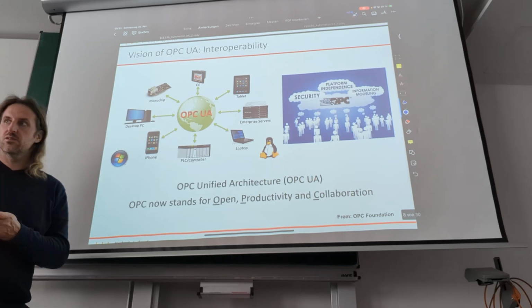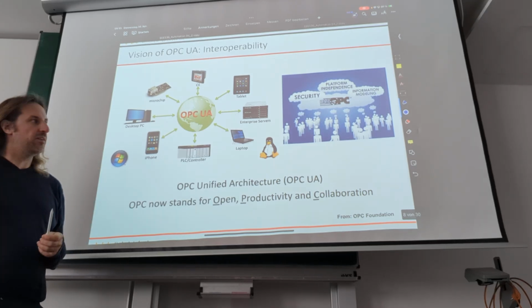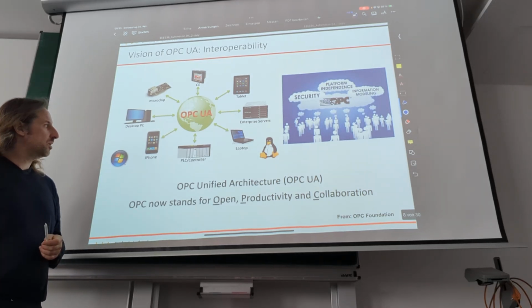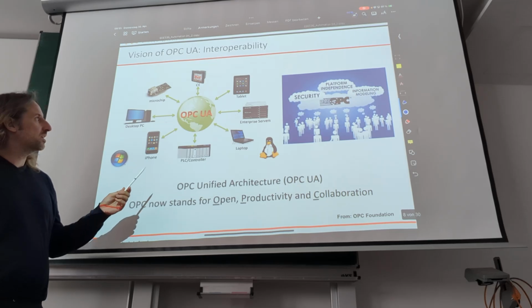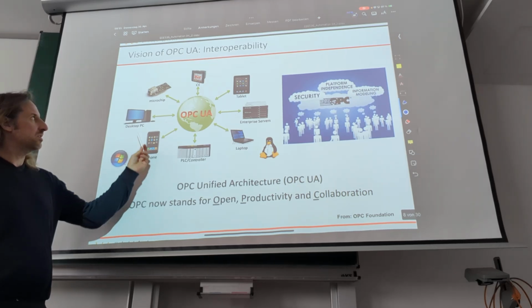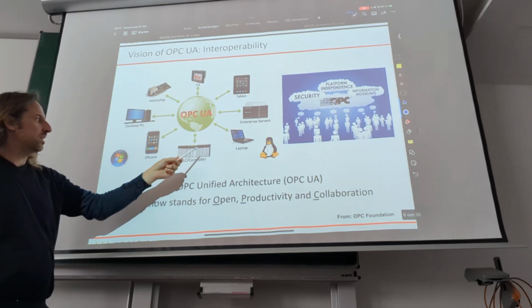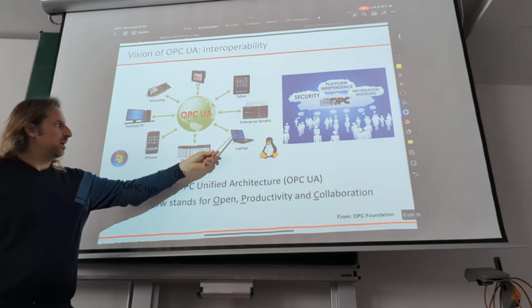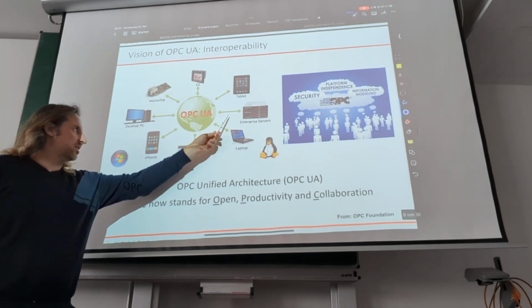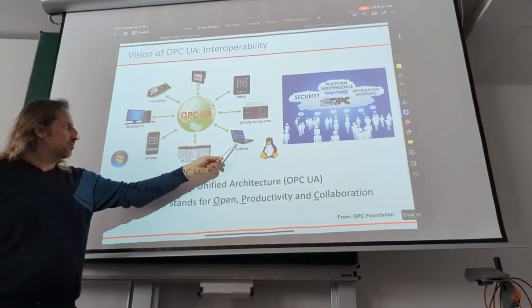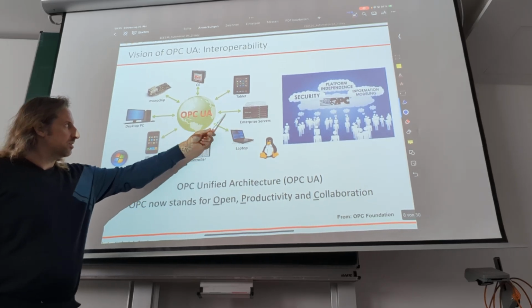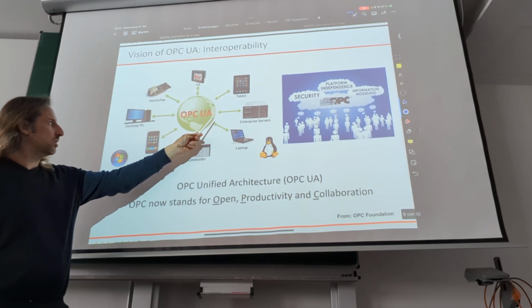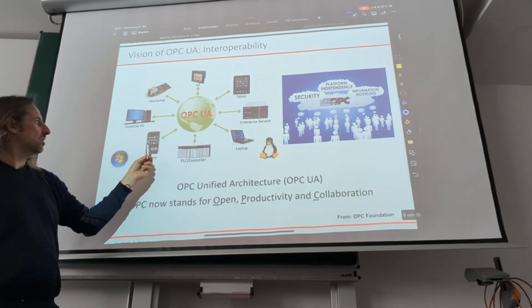But we don't want to just work on a single device. We want to be independent of the hardware and then work on any type of device. So whether it's a PLC device or a laptop or a larger server, that's where the old OPC devices were working, on laptops, larger servers, and desktops.